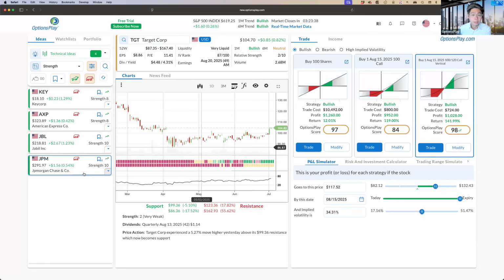So what we're doing is taking that fundamental research piece, which, like I said, is the most subjective part, where most people have the toughest time figuring out what constitutes overvalued or undervalued. And there's no perfect strategy for that, but it's the same strategy that we highlight every single week.